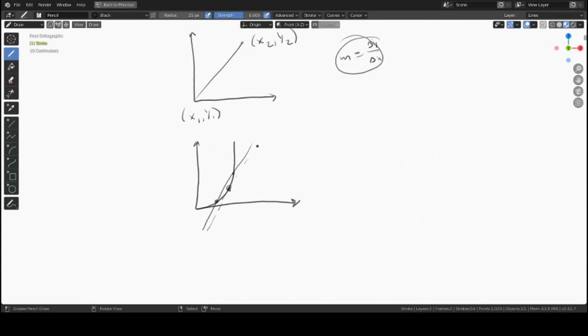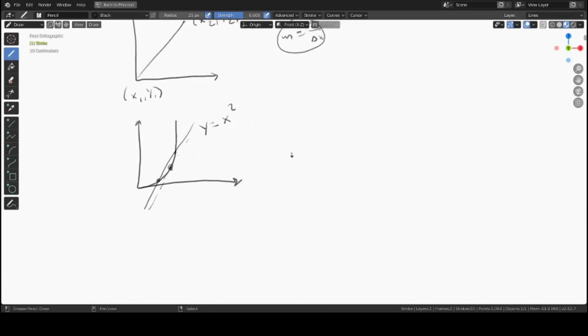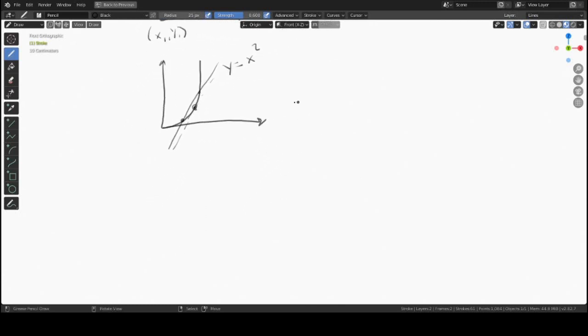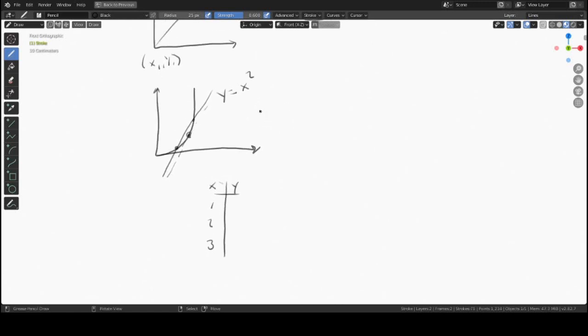So let's call this function y equals x squared. Now let's make a table of values and try to approximate the slope of the function at that point. So we have some x's and some y's. We'll do 1, 2, and 3, and we're going to look for the slope of the function at x equals 2.